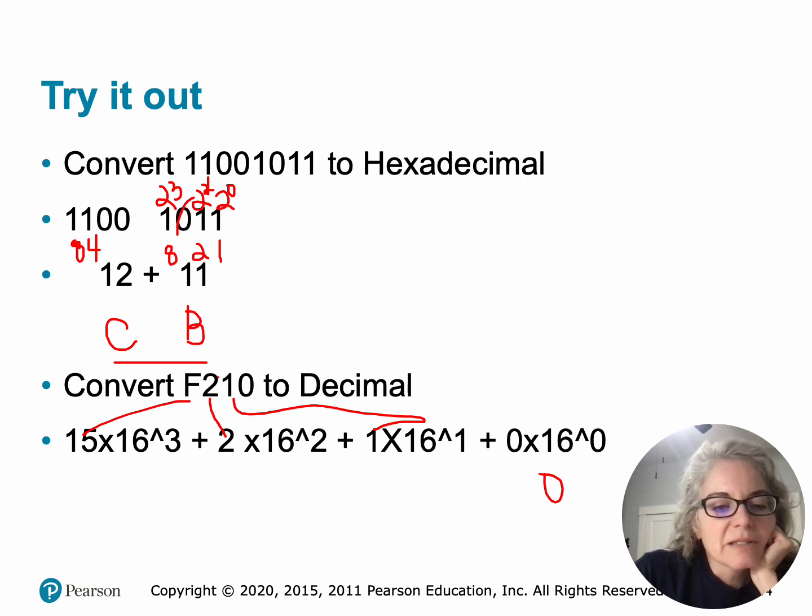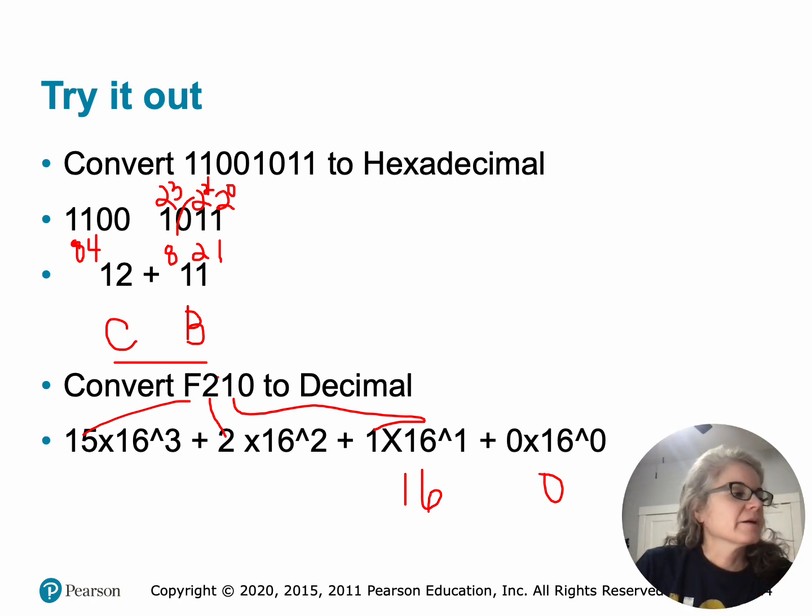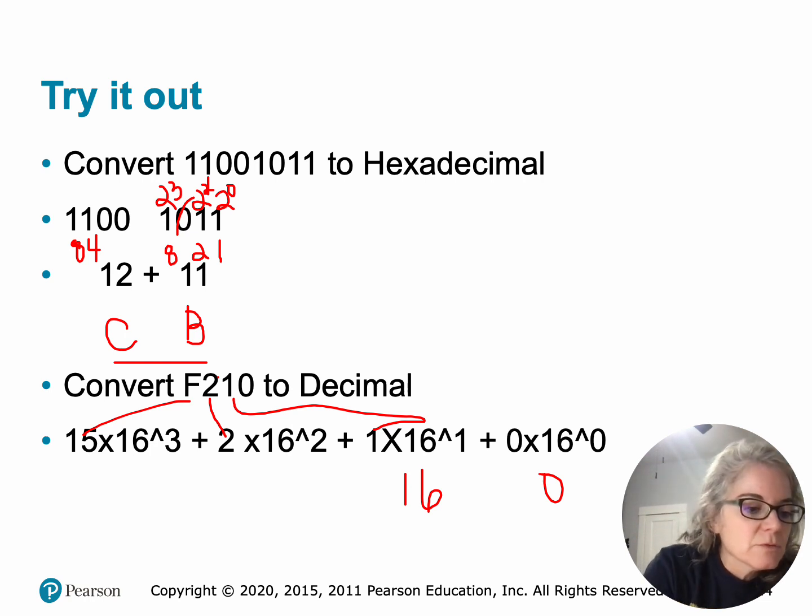And then you're going to calculate these right here. So this will be 16 times 1, 16 to the first power, 16. 16 squared, 16 times 16, sorry, is 256. And then we multiply that times 2, and that's 512.